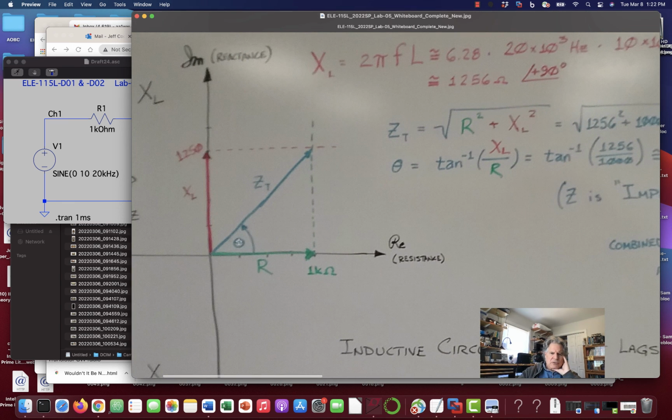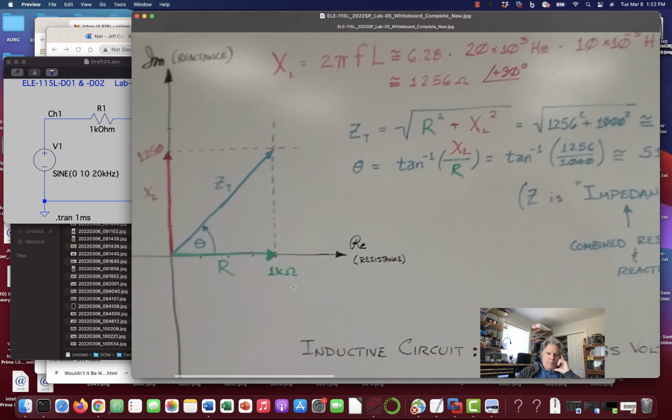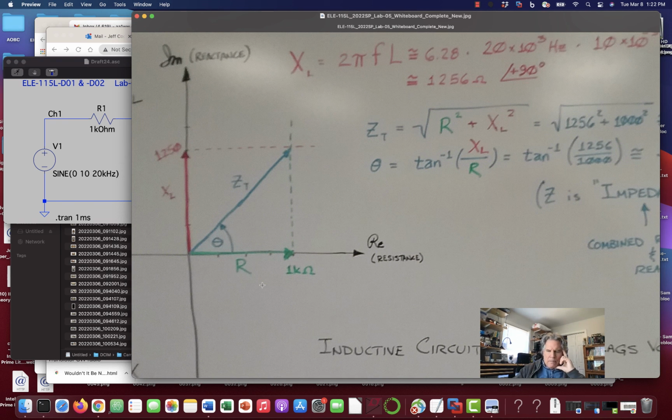And we also need to know what angle we're at, because we're dealing with vector quantities. Vectors have magnitude and direction, and we just found the magnitude, 1,606 ohms, but we don't know the direction yet. So one of the ways of finding this angle is to find the angle whose tangent is this opposite 1256 divided by 1000, because tangent equals opposite over adjacent.